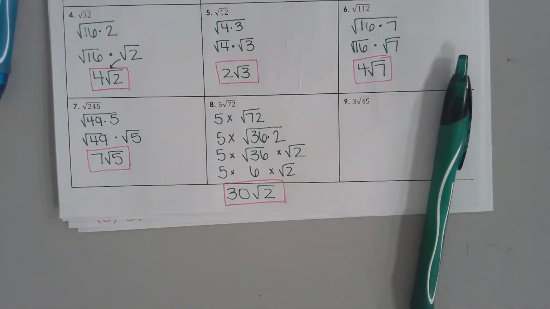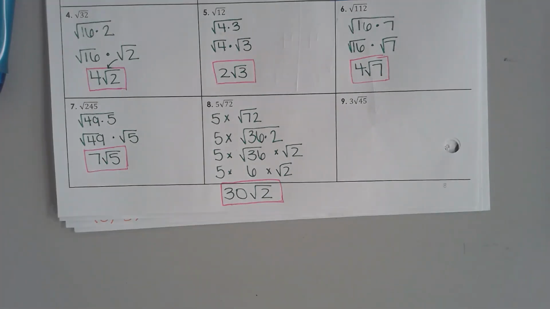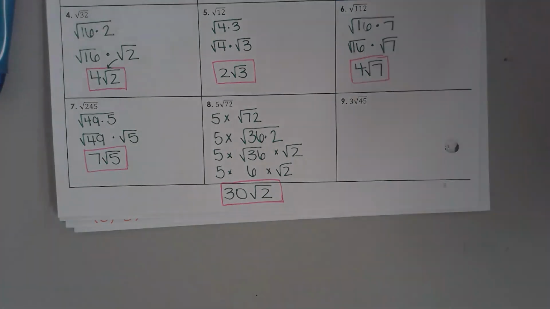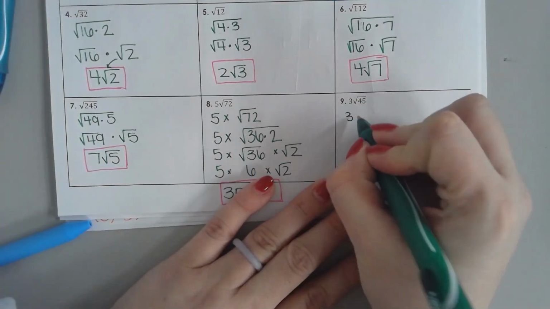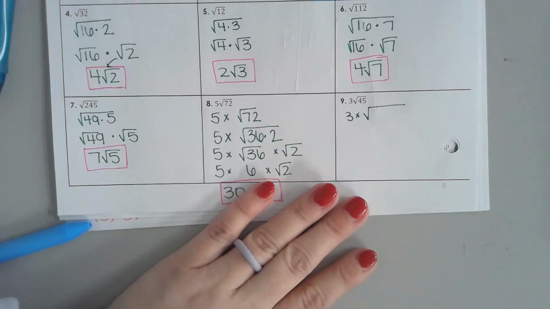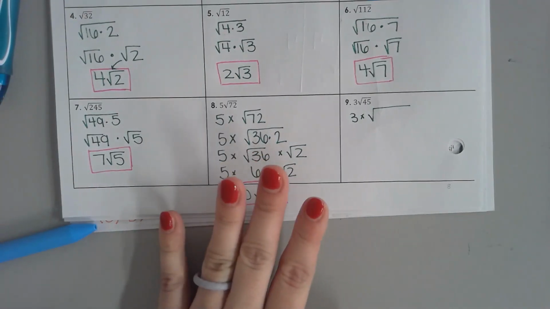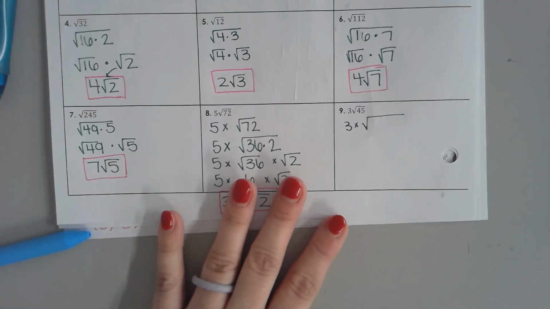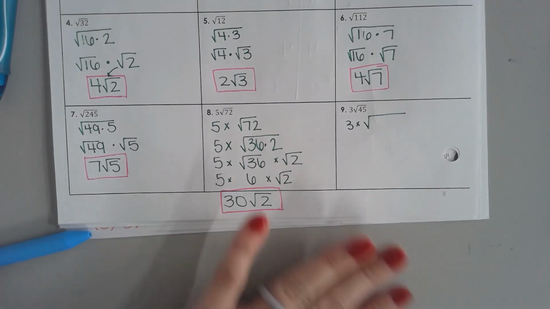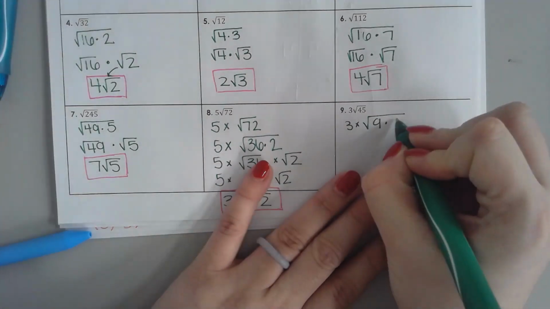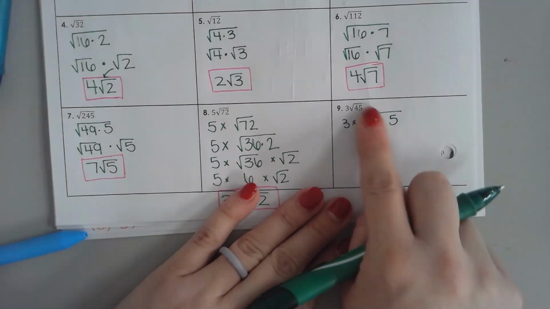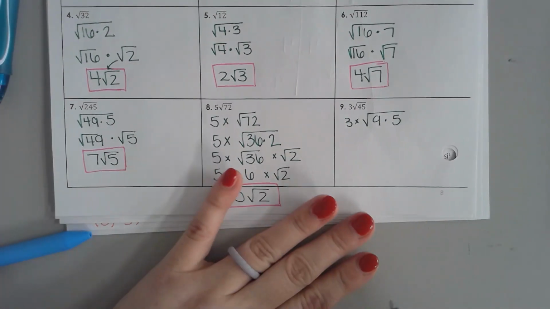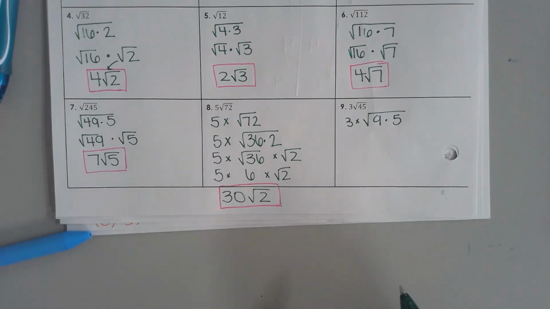So try number 9. All right, so this is 3 times the square root of 45. 45 is not a perfect square, so I need to know what perfect square goes into 45. 9. 9 times what? 5. 9 times 5 is 45. So far, I'm just rewriting things.